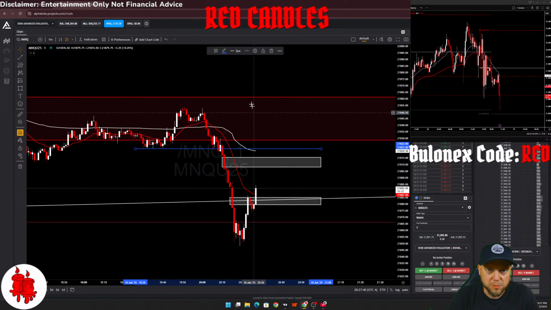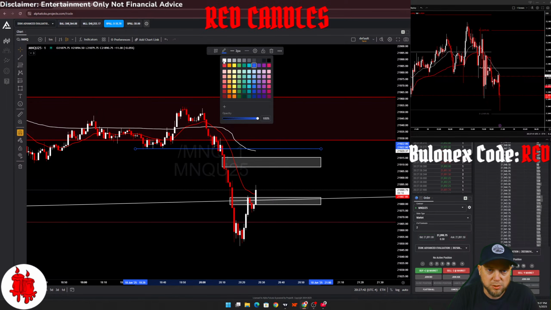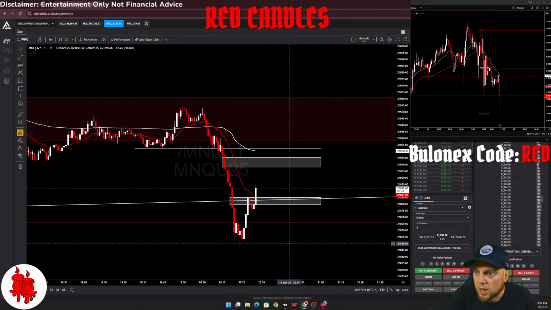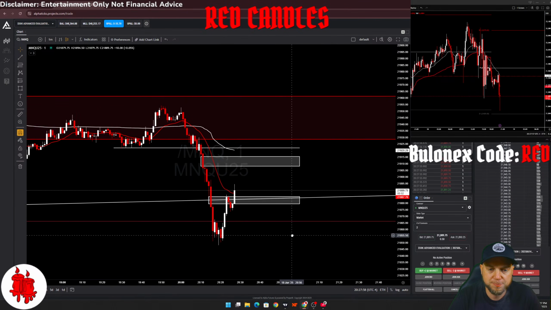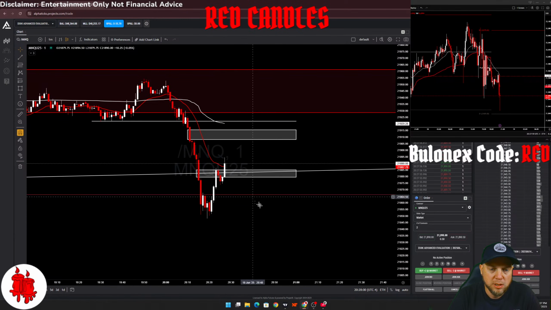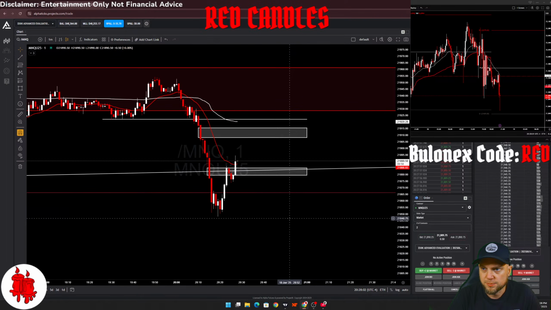Going off of this, wanting to bounce off of one of these due to pretty much all the time frames showing that we're bearish. Getting a little struggle at the EMA.